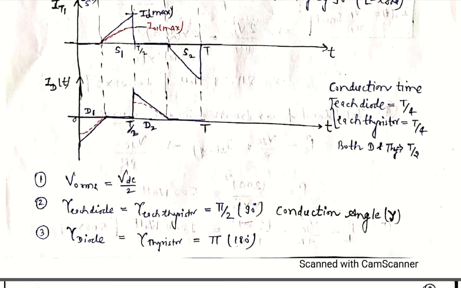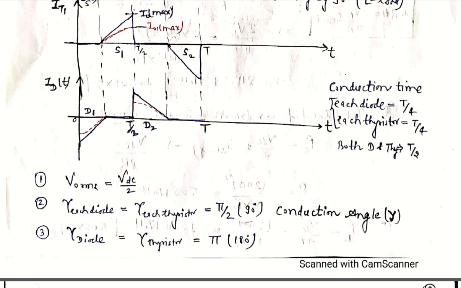What is the output RMS voltage across the load? The output RMS voltage is the same as the previous case. In case of resistive load, it equals VDC by 2, because the voltage waveform is the same. And what is the conduction angle of each thyristor and each diode? It equals T by 4, or pi by 2. This is the conduction time of the thyristor or diode.